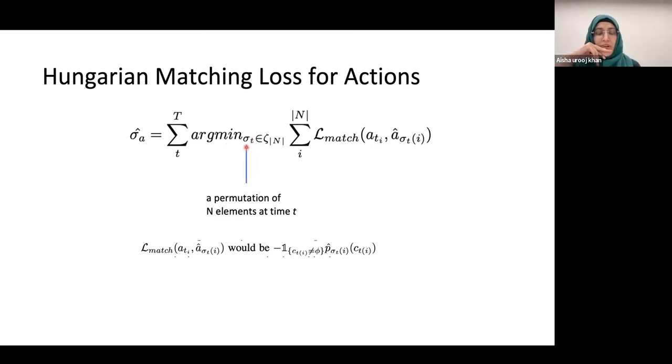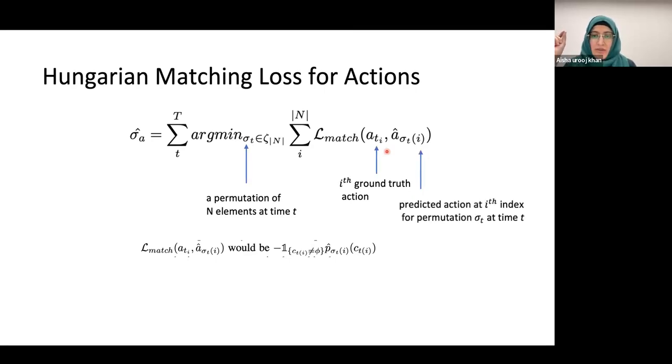For each time step t, we take a permutation of n elements at that time step, and for this permutation we compute the matching cost between the ith ground truth action for that time step and the predicted action at the ith index for the permutation at that time.